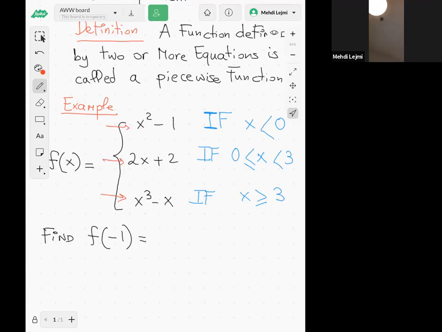And again, guys, we are not allowed to use all of them at the same time, because we have a function, so we have only one output. You cannot have more than one output. So we have to decide which equation we're going to use.